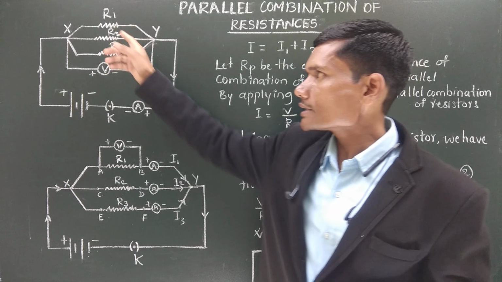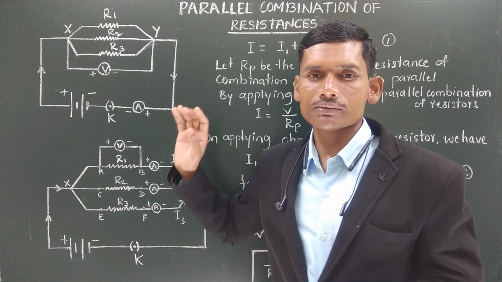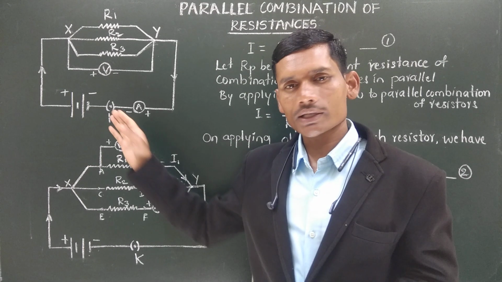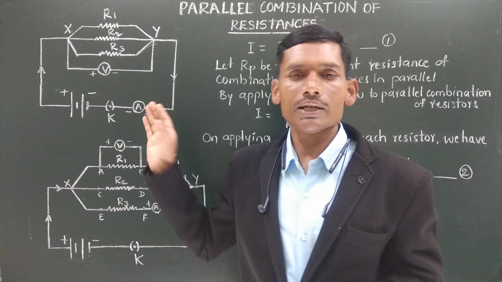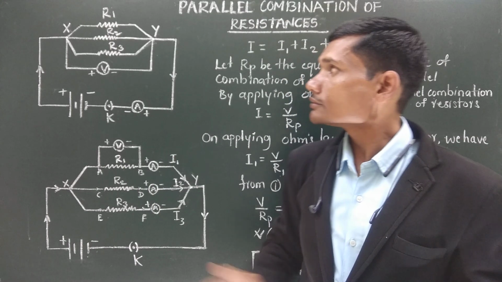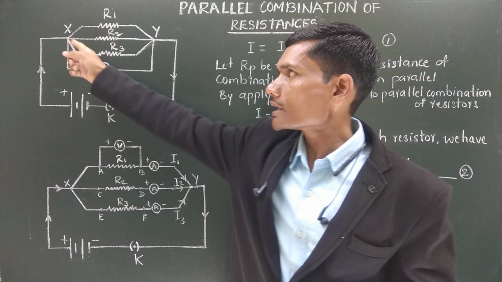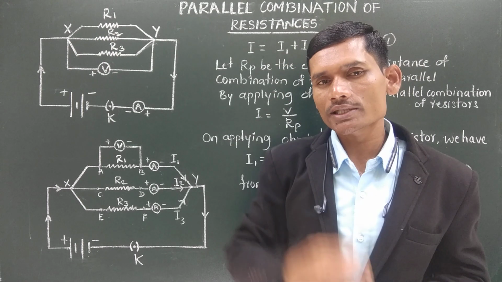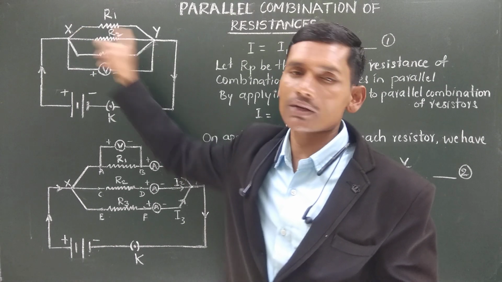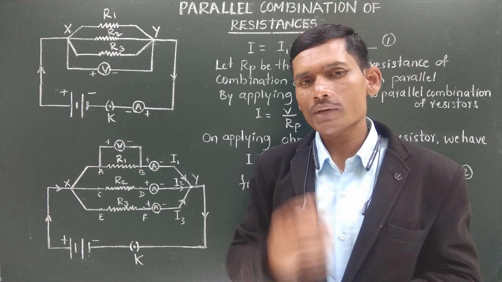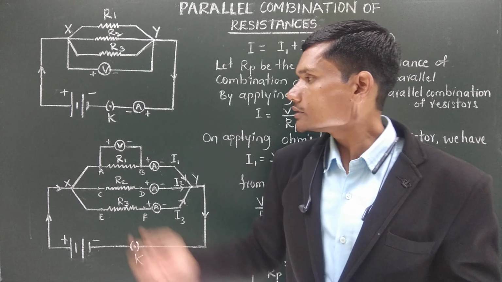In this diagram, resistors R1, R2, R3 are connected in parallel, and a battery, a plug key, and an ammeter are connected in series. To measure the potential difference, a voltmeter is connected across the ends of this combination of resistors, at the terminals X and Y. After inserting the plug key, we measure the current through the ammeter.